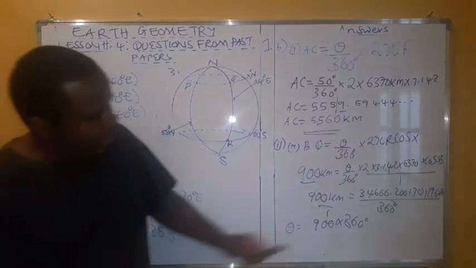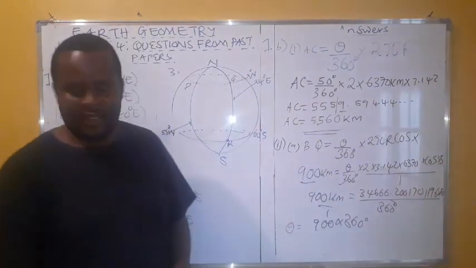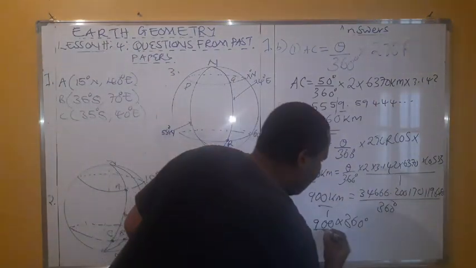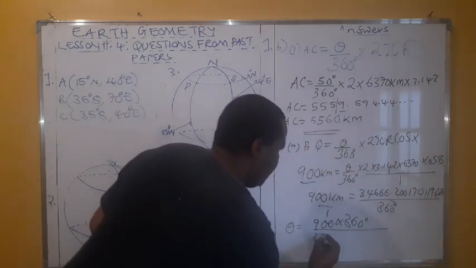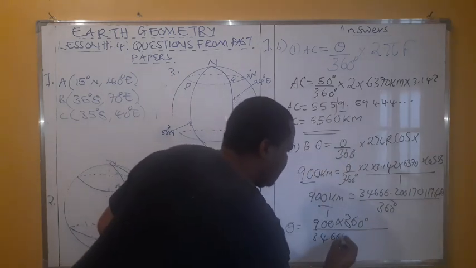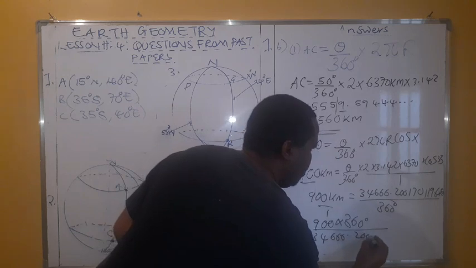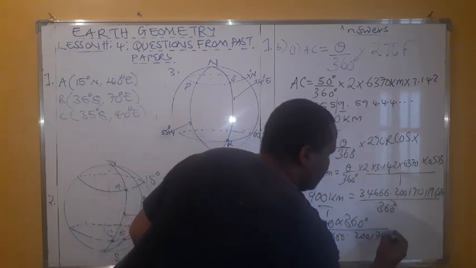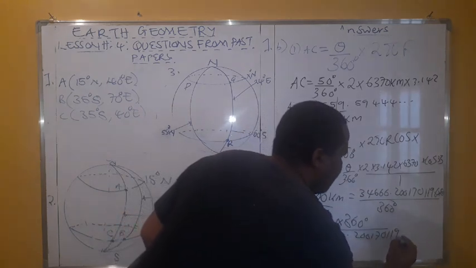Whatever answer you get, you divide by 34,666.2001701196.